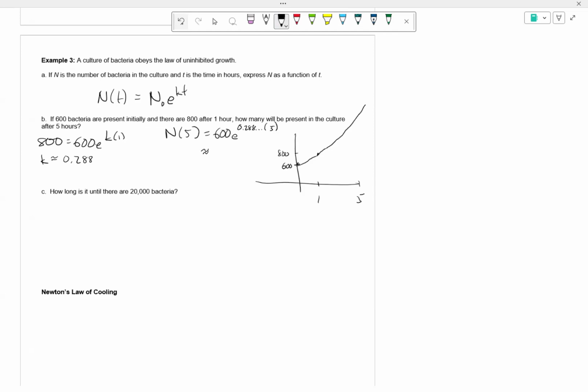And what did you get? 1,528.395. Do we agree with the number? Are we okay with the calculator coming up with that number?